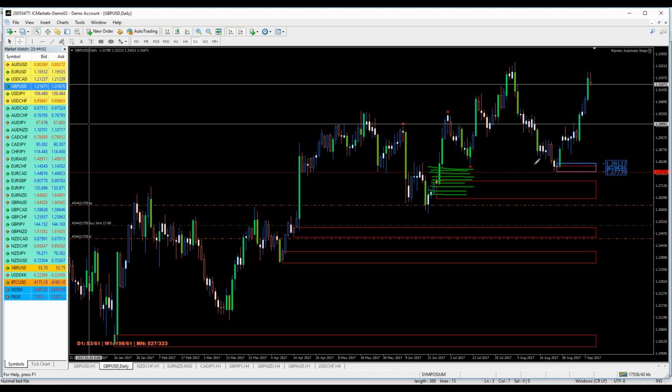And so if you consider a huge institutional trader, let's say he has, I don't know, 100 million that he wants to open a position and buy 100 million units of the pound USD. Just a completely hypothetical example. Can his order get filled if he puts the whole order in at this level here?